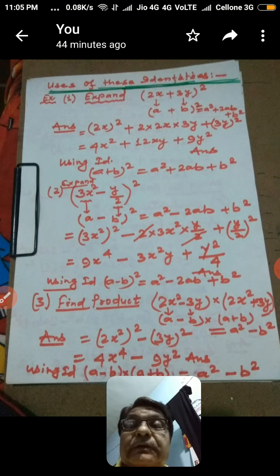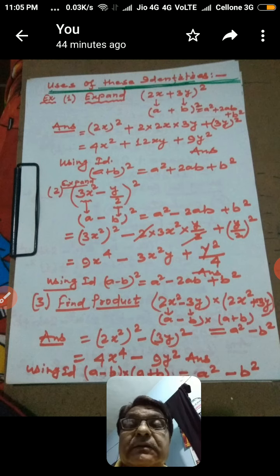Now simplifying that, (2x) whole square is equal to 4x square, plus multiplying the 2ab terms, 2 times 2 is 4, times 3 is 12, with xy, plus (3y) whole square means 9y square. Now our result is 4x square plus 12xy plus 9y square, and these three are unlike terms.